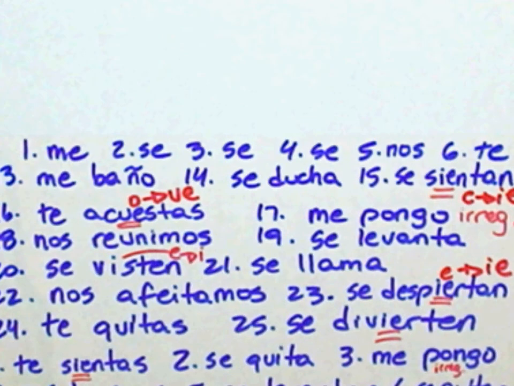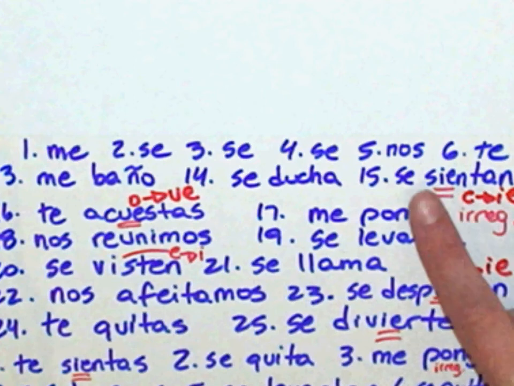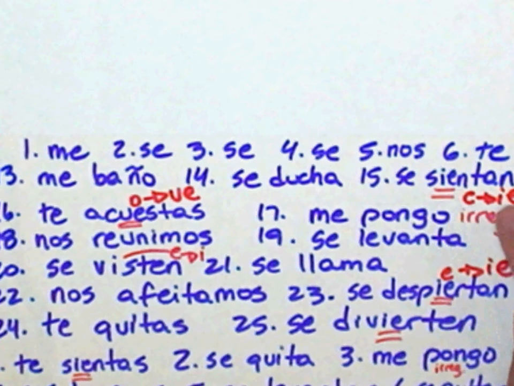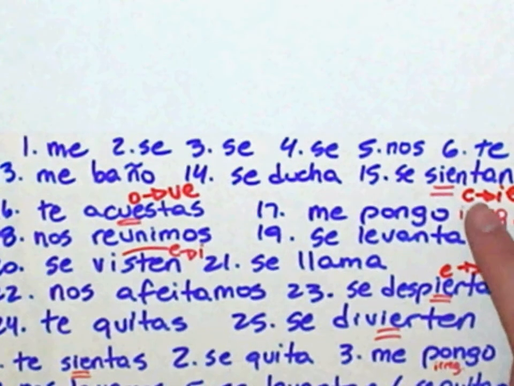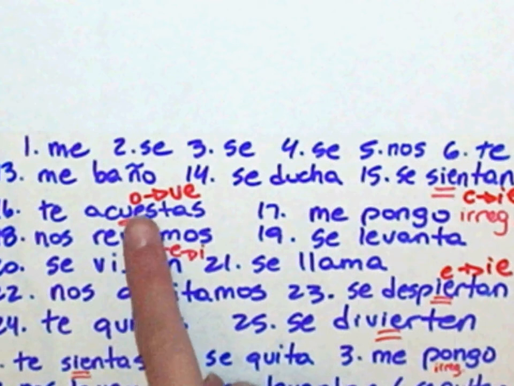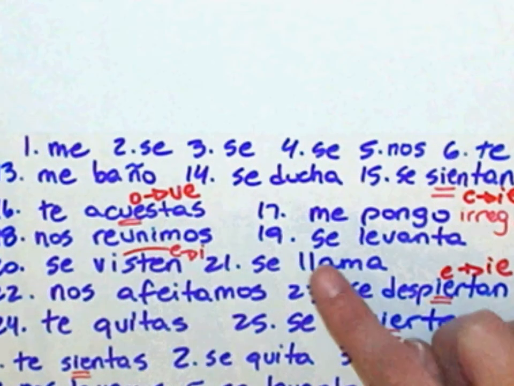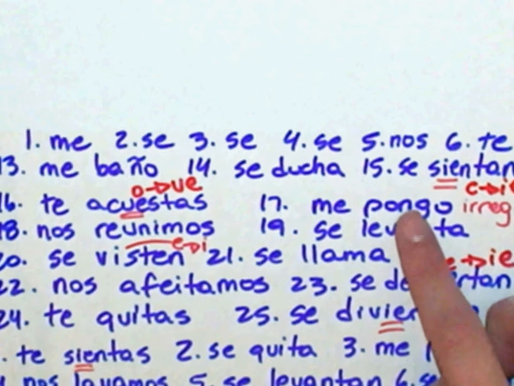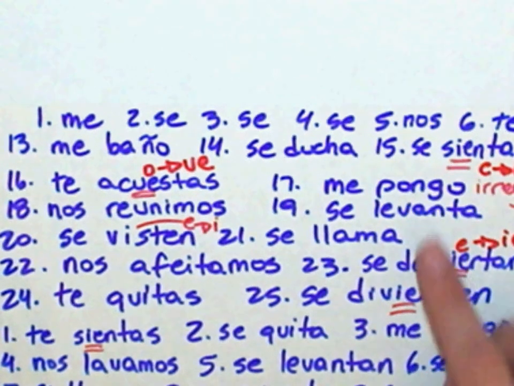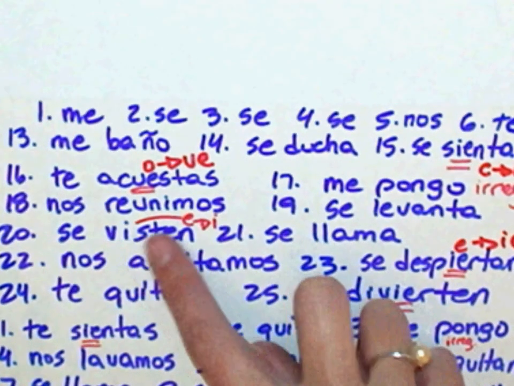Now, as you're going through your homework last night, you didn't technically know, because we hadn't officially talked about it, to make those stem changes. So like for number 15, make sure you make an IE change, because it's an E to IE change. For number 16, make sure you make an O to UE change. 17 is irregular in the yo form. 20 has an E to I change.